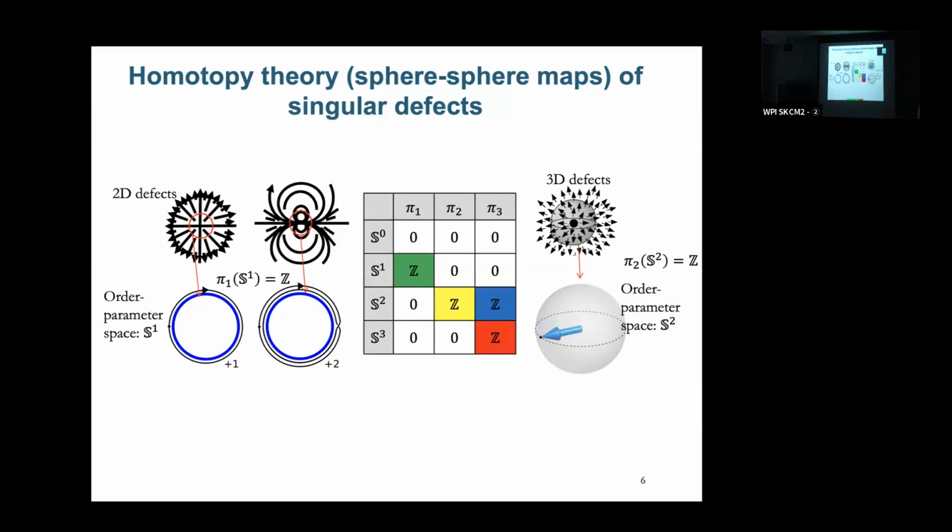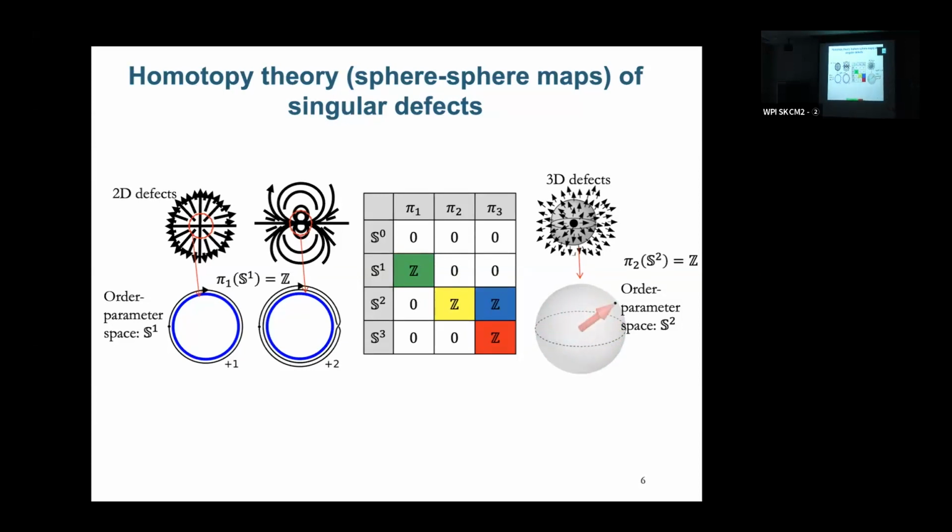Differently from this example, if you did the same mapping for the field configuration here, you would wrap it 2 times, because as you navigate this defect by going around it 360 degrees, the vector field actually rotates by 720 degrees, and that allows you to wrap it 2 times.